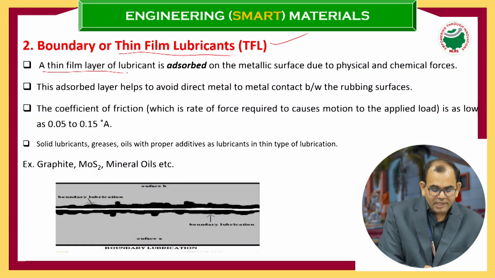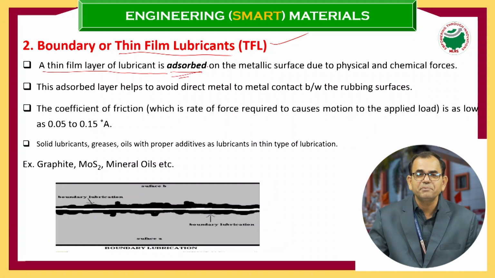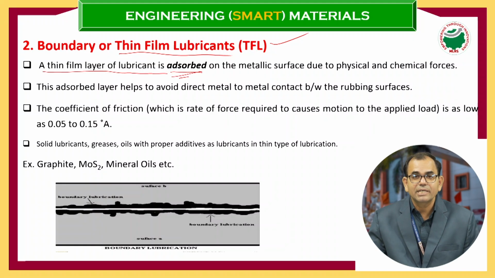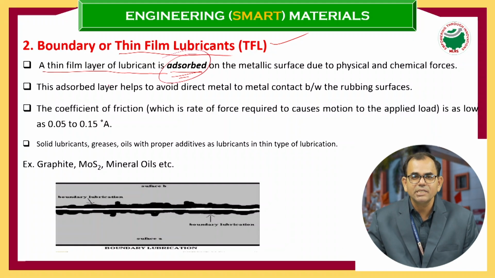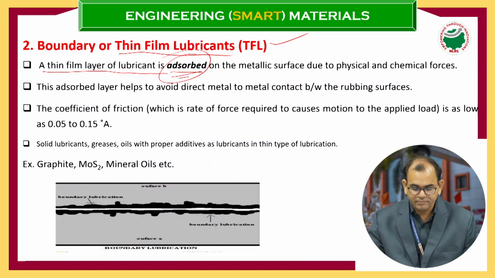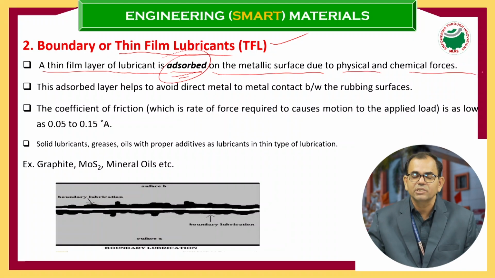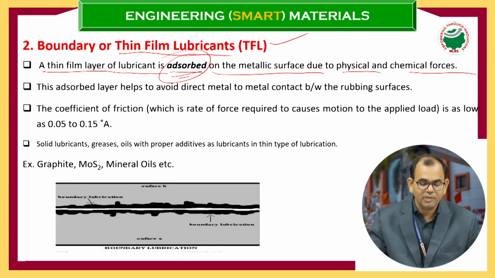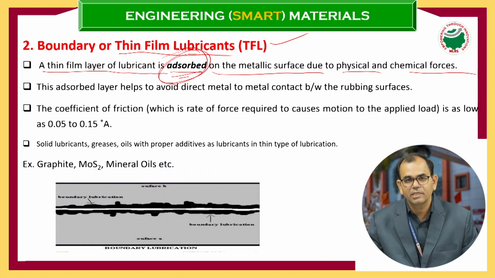The thin film layer of lubricant is adsorbed, not absorbed. Absorption is a bulk phenomenon. Adsorption is a surface phenomenon. So lubrication is happening on the surface of any moving object, on the metallic surface, due to physical and chemical forces. Boundary or thin film lubrication is an adsorption-based lubrication mechanism.